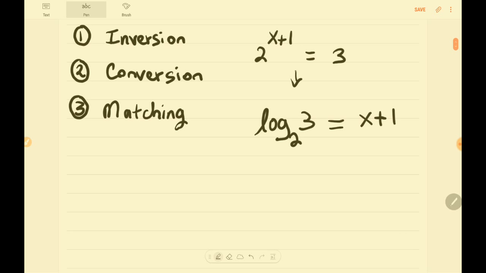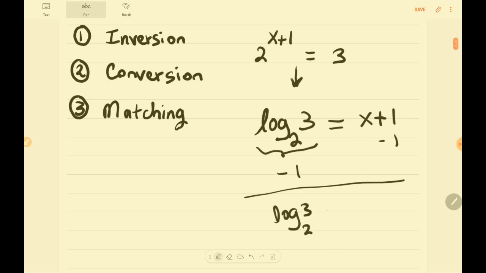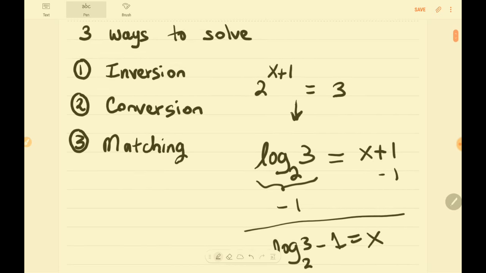So I've just basically found the inverse of that original equation, and then because this is a real number, I can isolate x now by subtracting 1 from each side, and that'll be my final answer in exact form. So that's what I mean by conversion, converting from exponential form to logarithmic. You can convert back and forth. We've worked on that in a previous section, working on how to change from one form to another. So that's the second way.